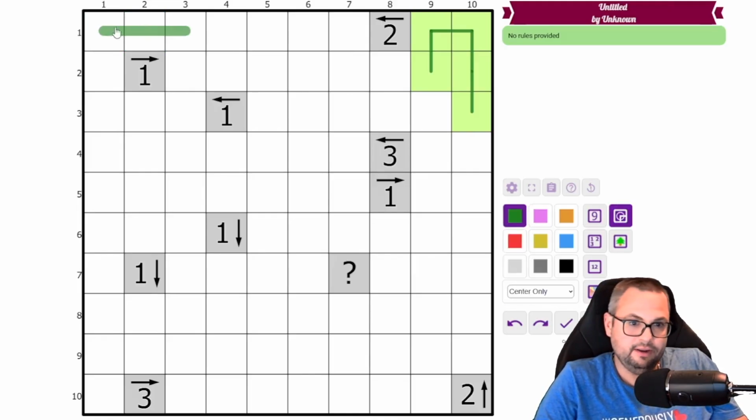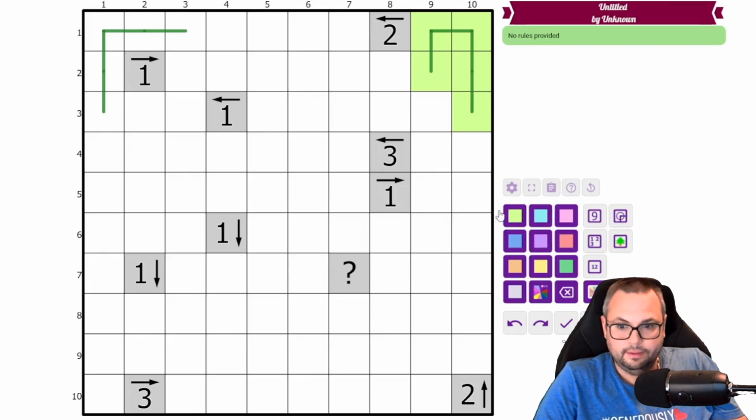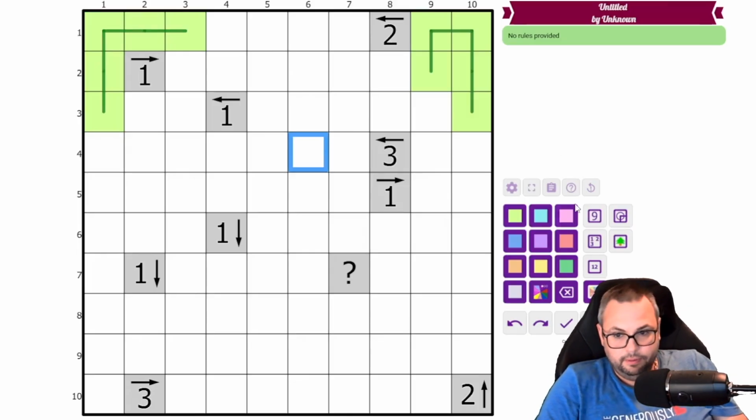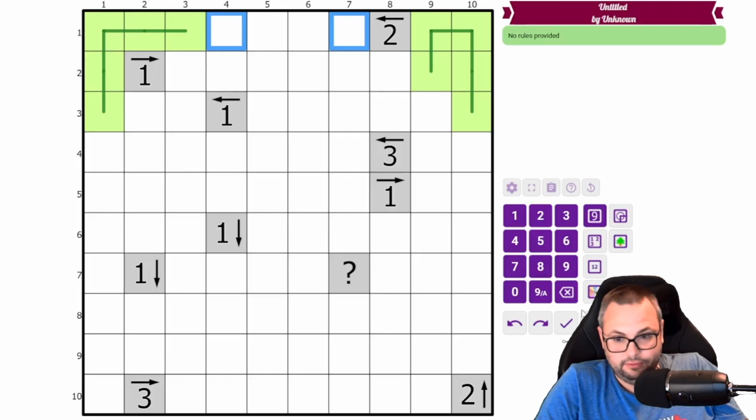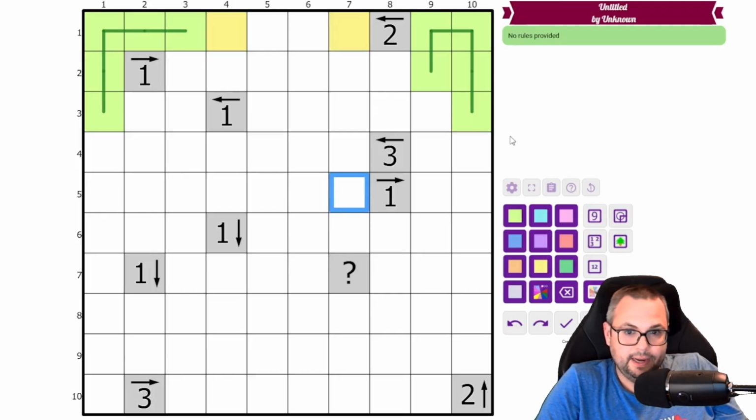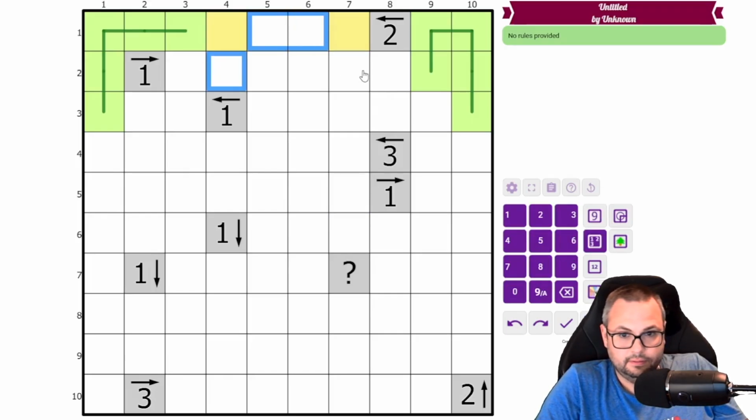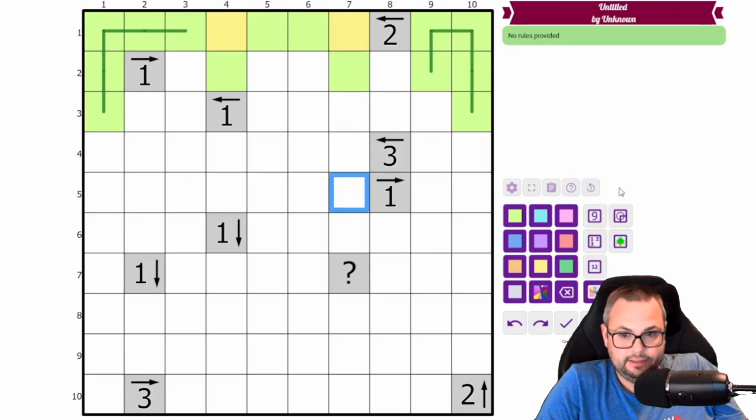So we have to actually enter all of these cells. So all of those are loop. And we can't create our dead end here either, so we need to spread the mines like that.